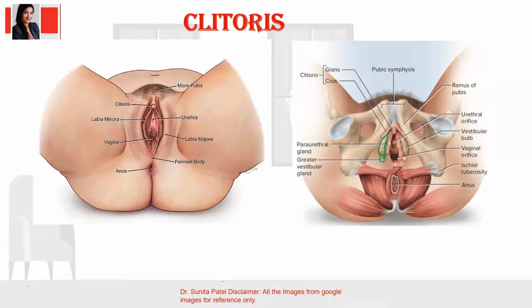And sometimes if the female is having infection going on in the vestibule, that infection can spread, for example UTIs or vaginal infections. Those infections, bacteria and pathogens can affect these particular glands.